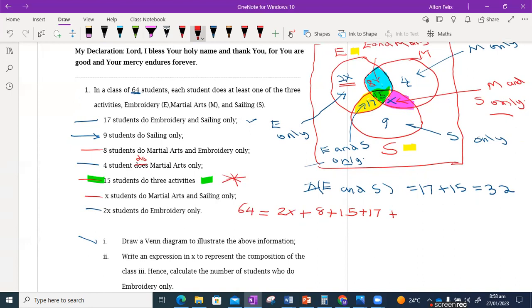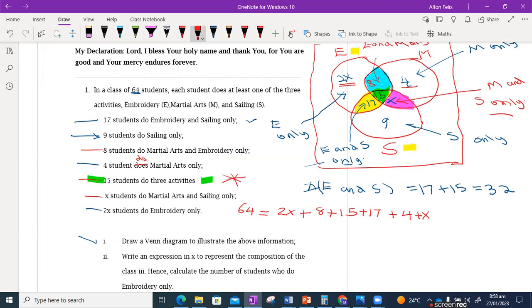Let's look at M. We already added the 8 and the 15 in blue and green respectively for the circle M because those regions were overlapping with E. But we can still add the 4 and the X. So let's put that here: plus 4 plus X. So we are finished with M, and then we are moving on to S. Well, we already accounted for X, which is in pink. We have it here, the last X in the equation.